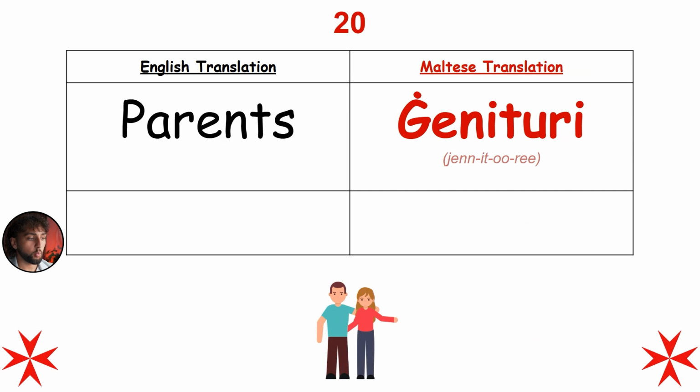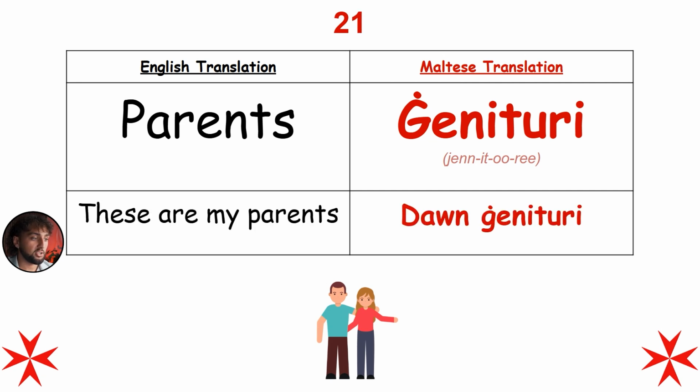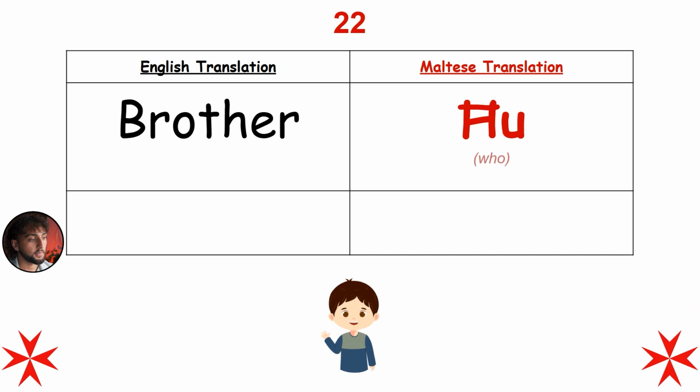For parents, we say genitori. And to say, these are my parents, you can say, daun genitori. Next, brother. Who.